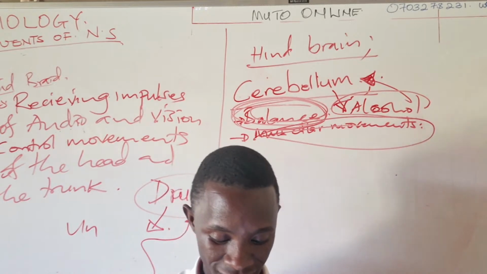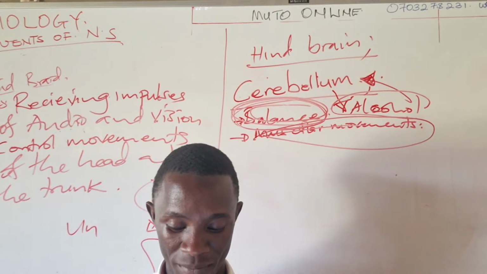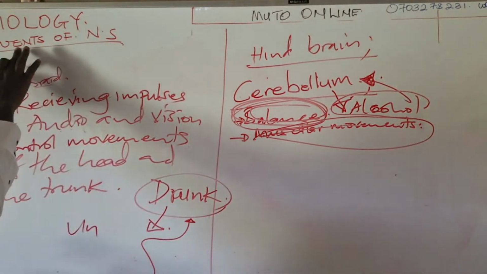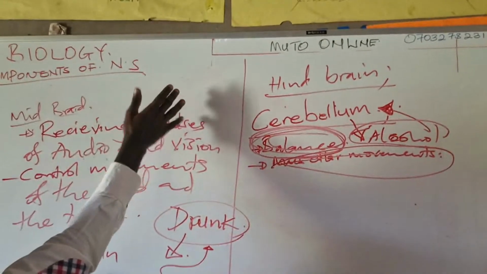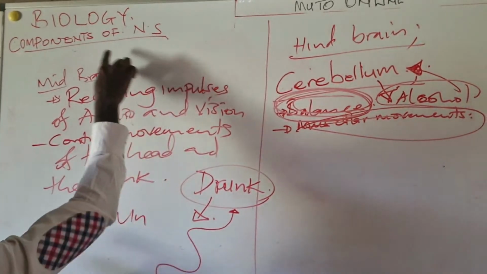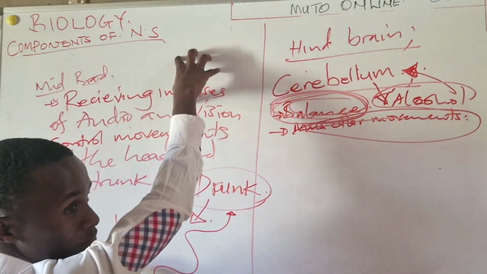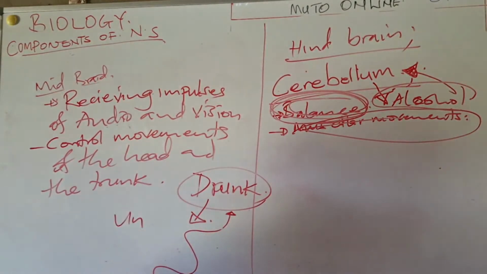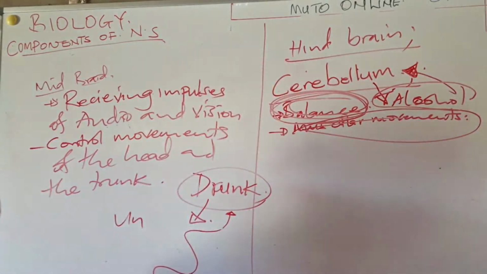Sammy Jellins is saying, aren't autonomic responses and somatic responses controlled by the peripheral nervous system? We looked at that. I showed you here the components of the nervous system. When you rewind the video, the nervous system is made of the central nervous system and the peripheral nervous system. The peripheral nervous system is made of nerves and ganglia.